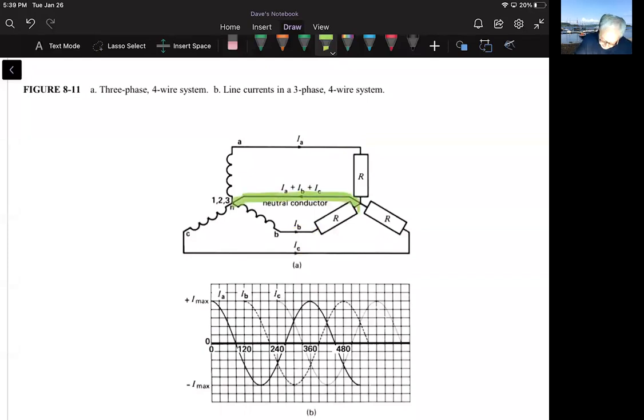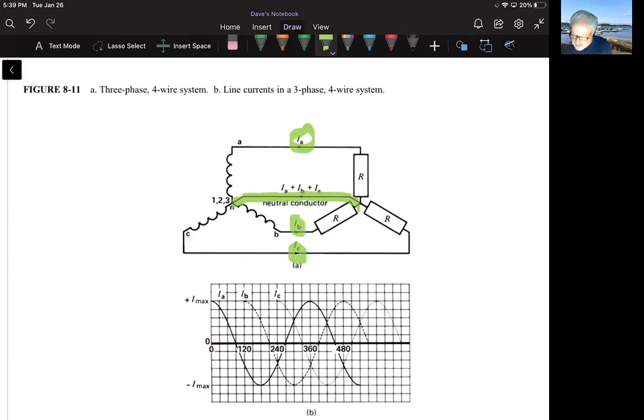As you can see, at first we might say it's carrying current from phase A, and from phase B, and from phase C. Because of that, it's carrying 3 times the current that these other lines are carrying.